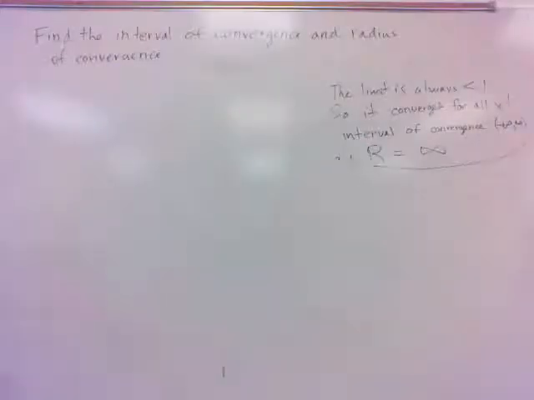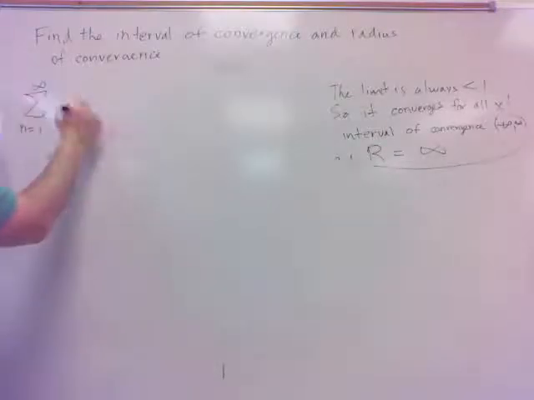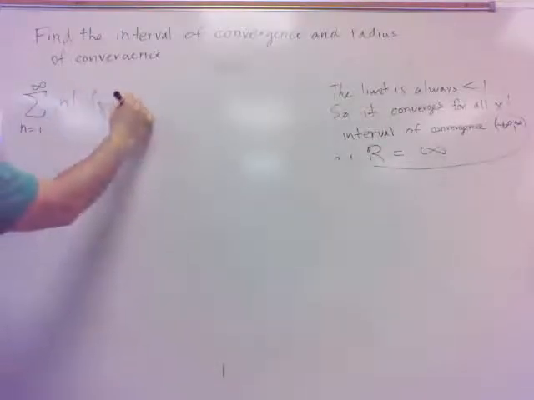Here's another one. Find the interval of convergence and radius of convergence for this one: the sum from n equals 1 to infinity of n factorial times (x minus 2) to the n.